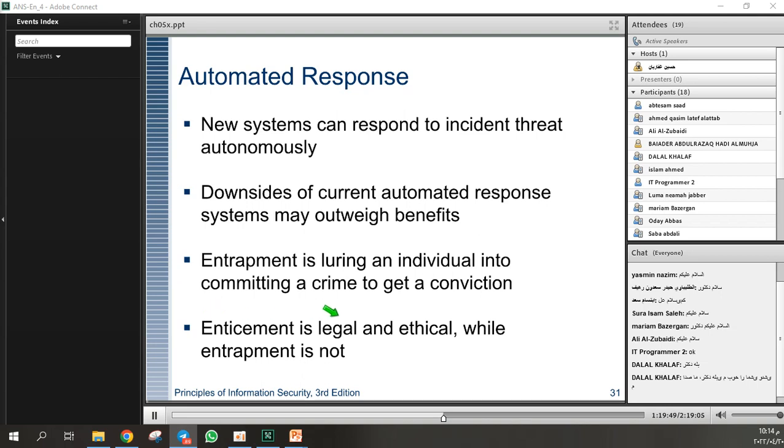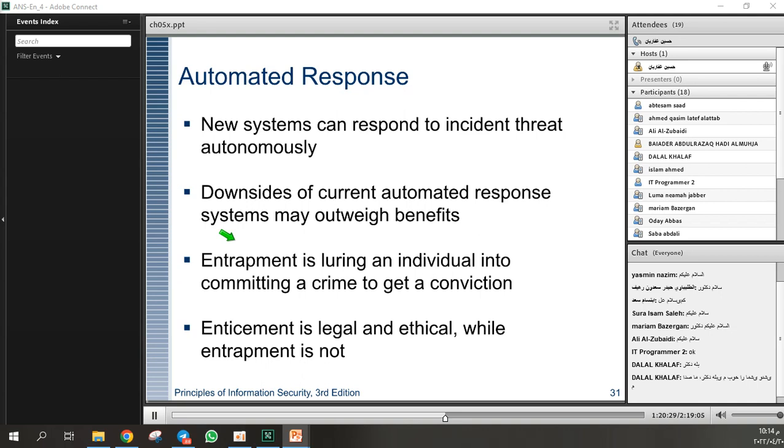Why is this item, entrapment, important? We have a word entrapment and the other one, enticement. They are completely different. Enticement is legal and ethical, while entrapment is not legal, it's not ethical.